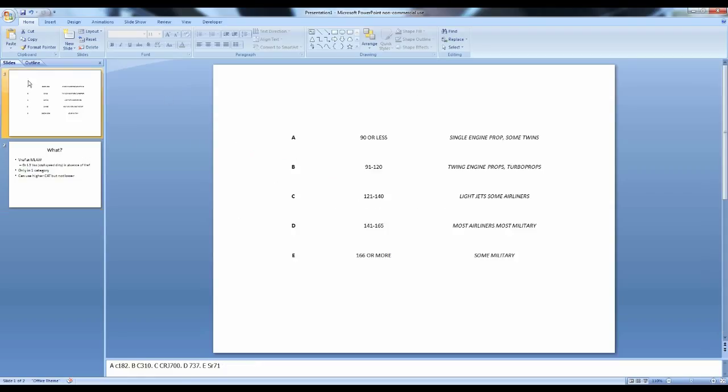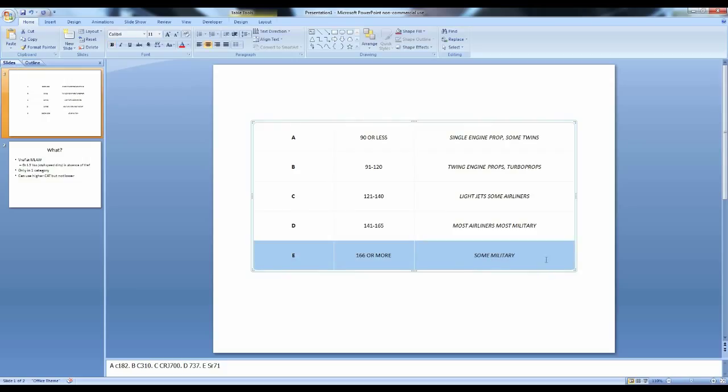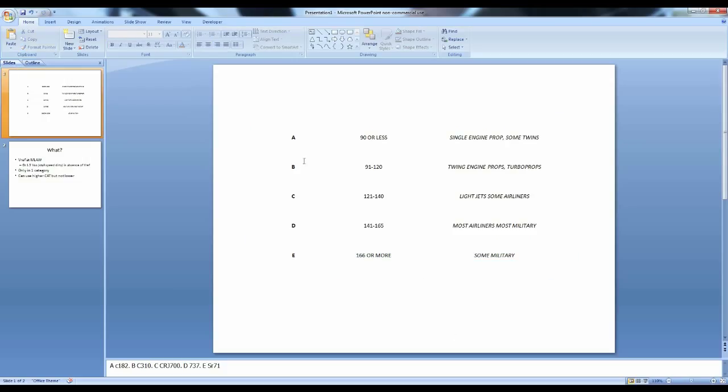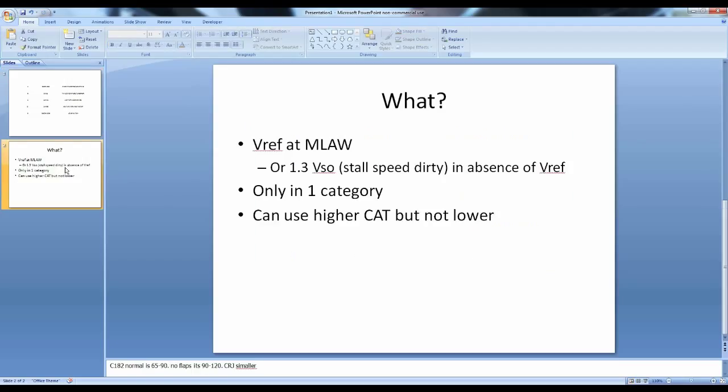So there are several categories. There's Alpha, Bravo, Charlie, Delta, and Echo. Now, you can almost forget about Echo. You're almost never going to see it. So let's go through them. Now, what decides your category? Your aircraft will have a specific category. You can figure this out either from its VREF speed at maximum landing weight. So if you're an airliner, a jet, take the maximum landing weight.